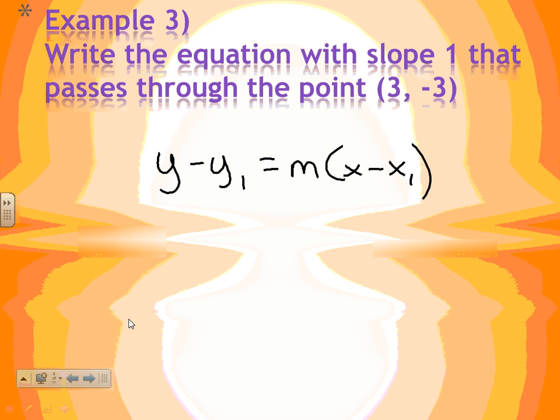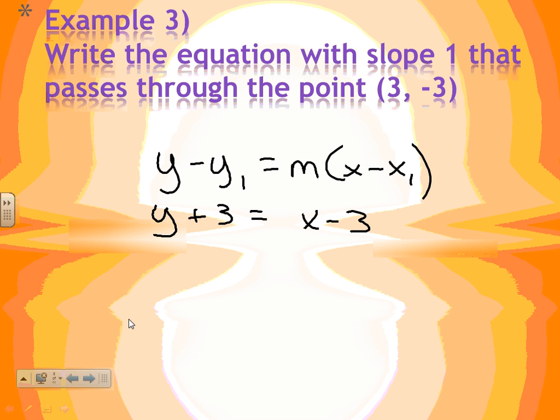Anybody want to try me out with it? What did Jonathan get? Y plus 3 equals 1 times the quantity of x minus 3. 1 times the quantity of, and I'm glad you said times the quantity of x minus 3. I agree. What is 1 times the quantity of x minus 3? So could I just say x minus 3? Yeah.